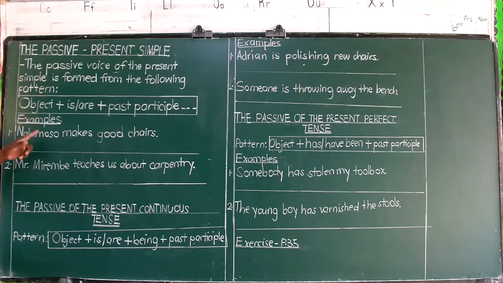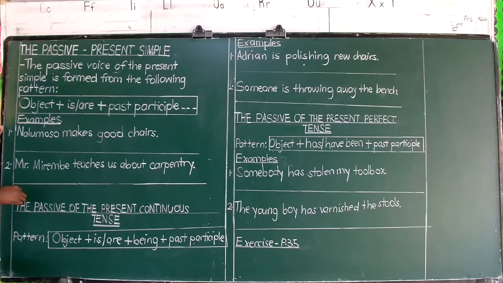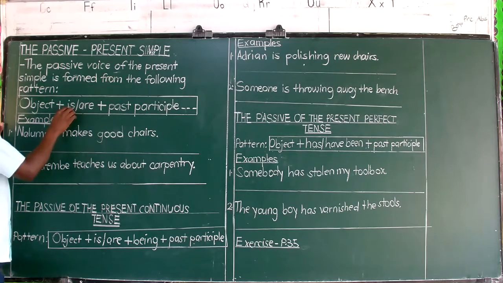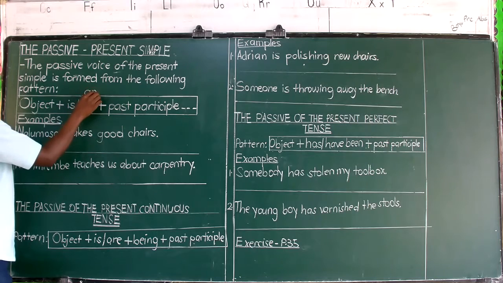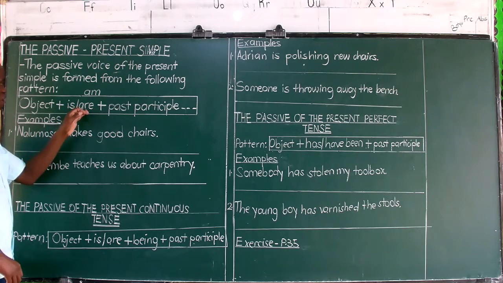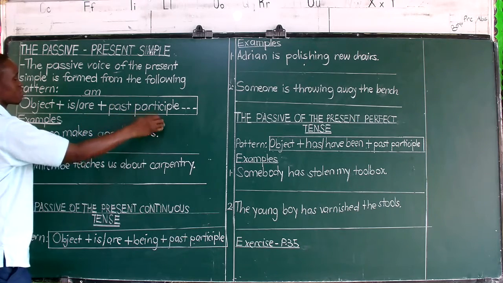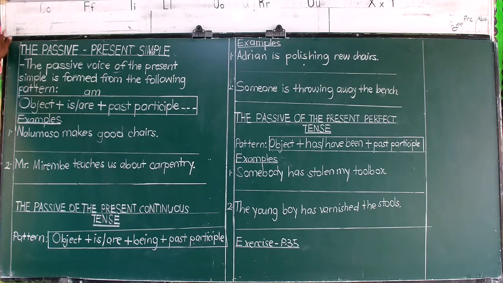The pattern should be the object followed by either is or are. I forgot something. You can also use am. Object plus is, are or am plus the past participle form of the main verb given.